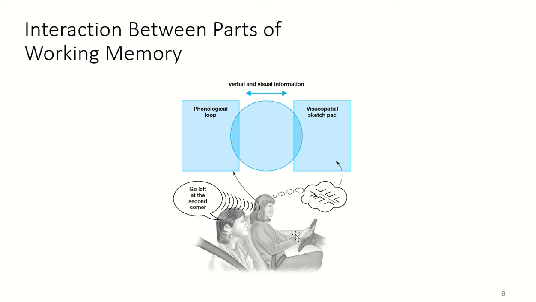The spatial concept of where you're going would be handled by your visuospatial sketchpad, and then the central executive in the middle would integrate that verbal and visual information so that you know where to go and you're successful at performing that task. So that's some of the core notions behind the working memory model. And now I'm going to talk about some of the specific components in the next video.